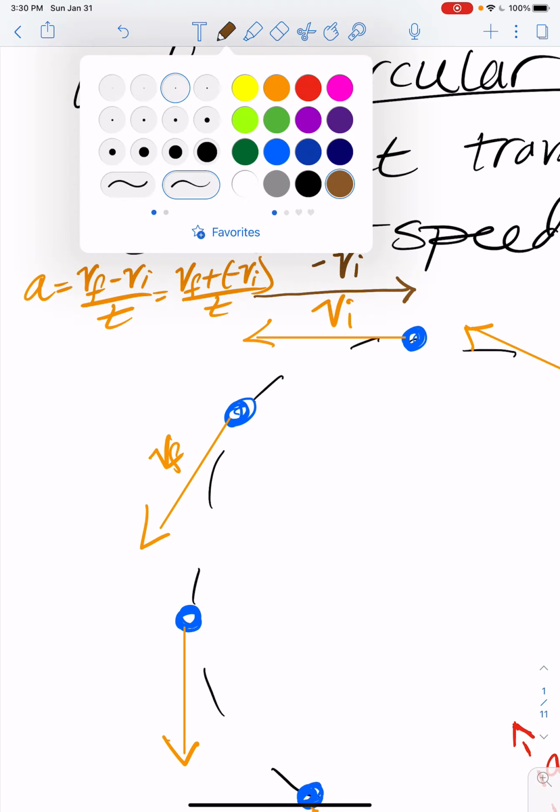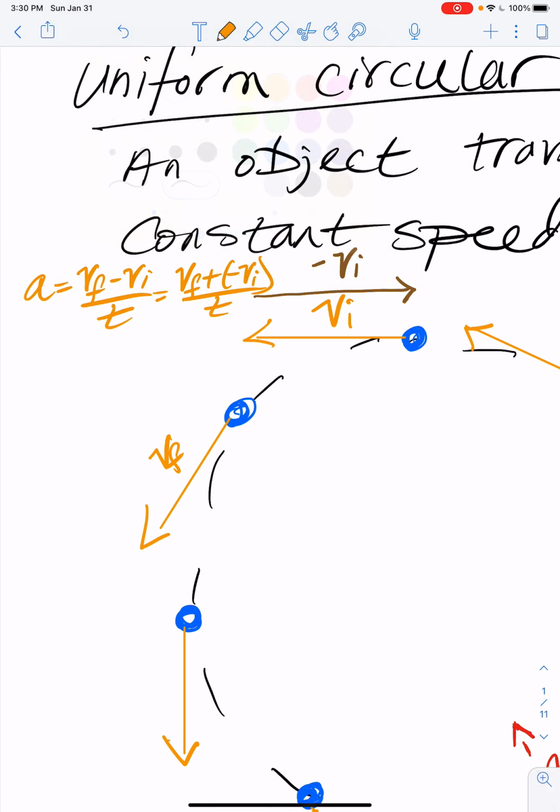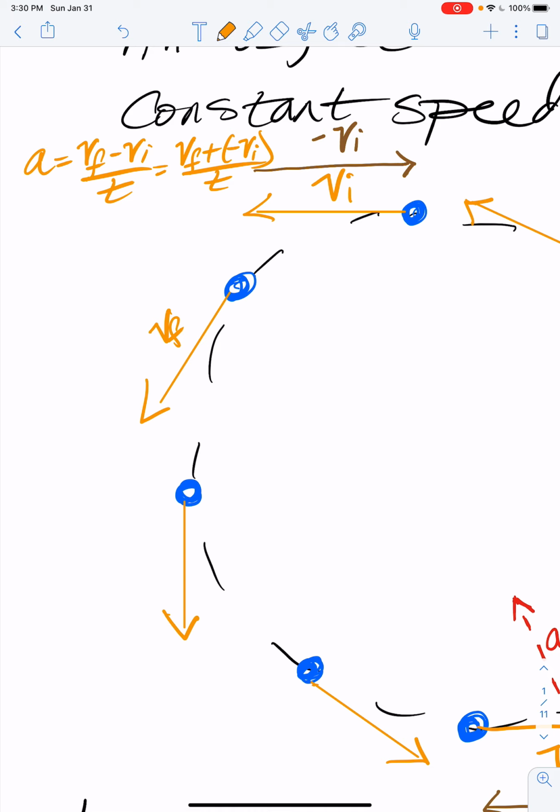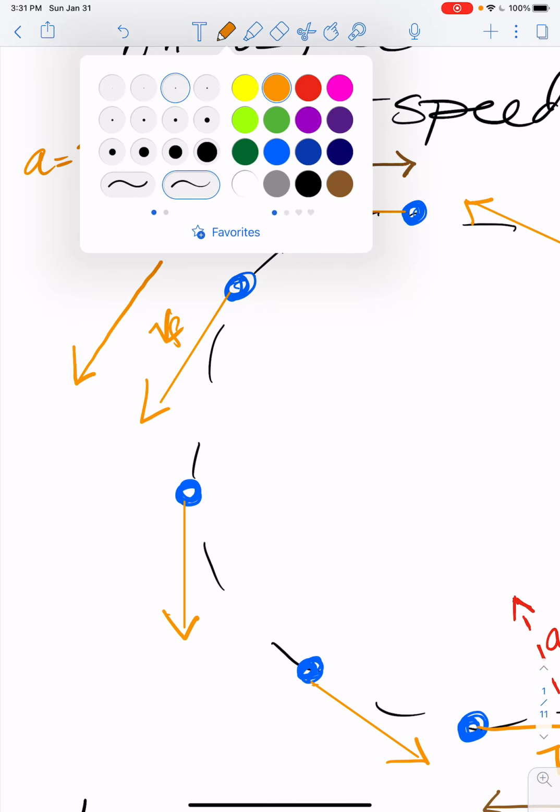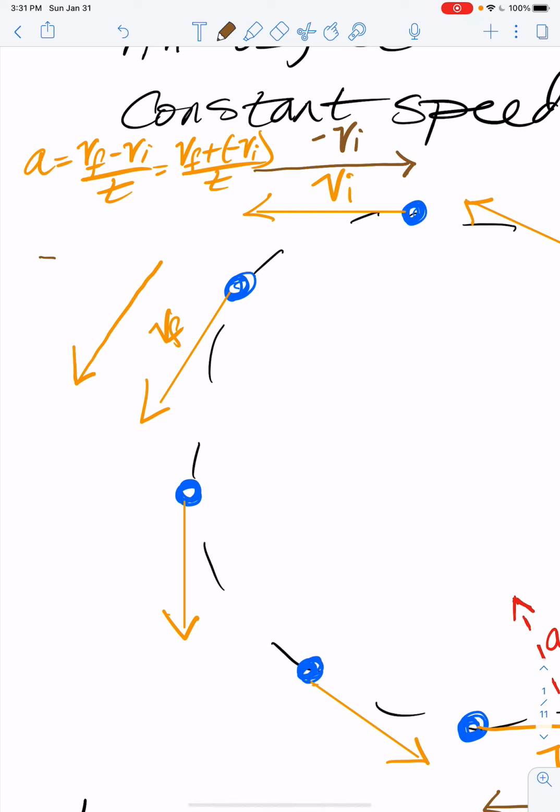And so let's see if I can draw this maybe off to the side right here. So I'm saying I have VF pointed like this, and I'm going to add it to negative VI, which is going to be head to tail with this orange vector. How am I going to do that? Okay, I think I can just do it like this. So I'll just draw that right there.